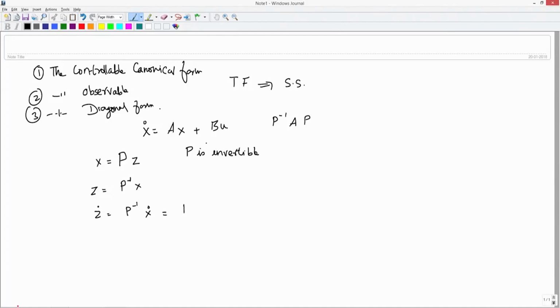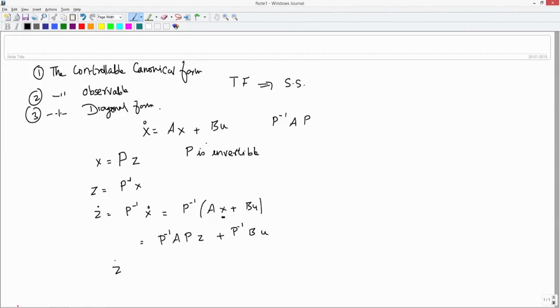What is x dot? X dot is Ax plus Bu, and x is now P z. So, I have P inverse AP times z plus P inverse B times u.